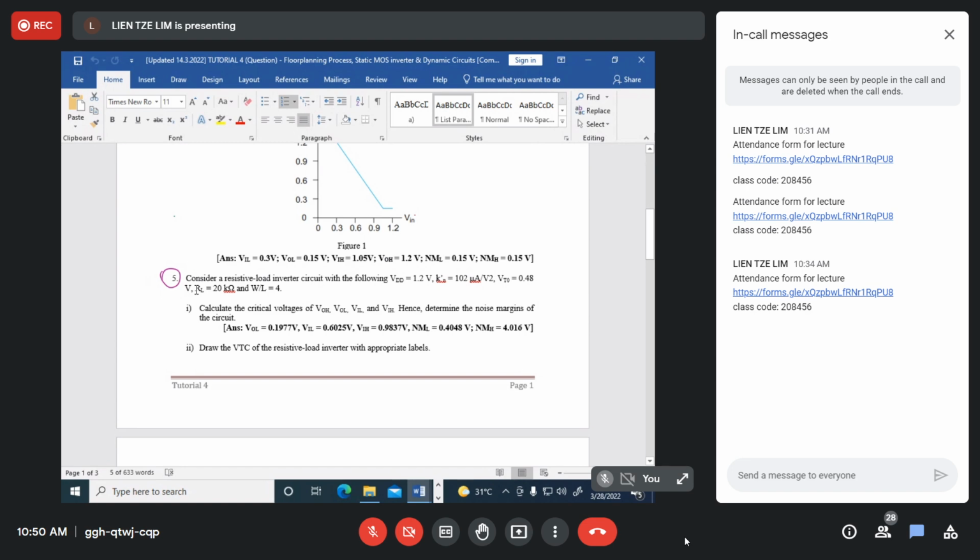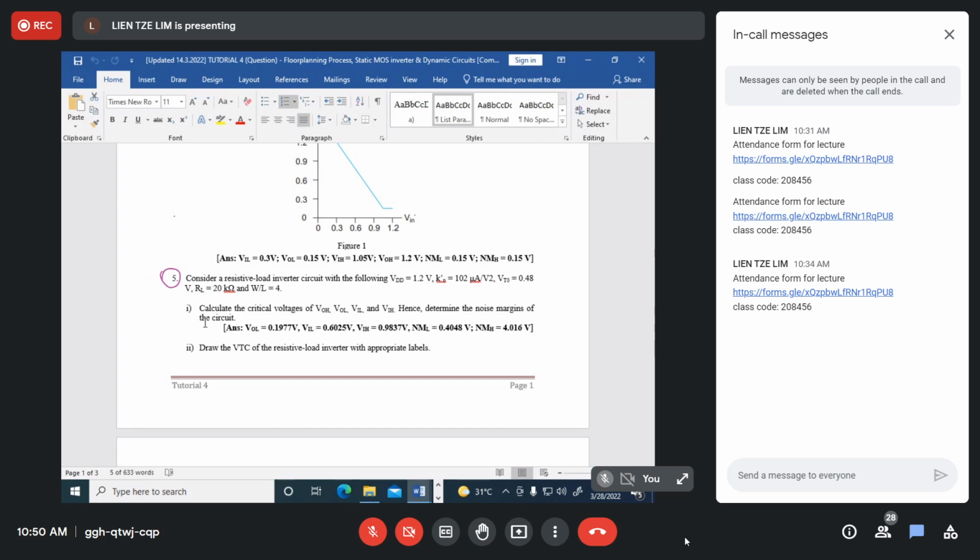Load resistance is 20 kilo ohm, and the width over length, the aspect ratio, is 4. Calculate the critical voltages VOH, VOL, VIL, and VIH. Hence, determine the noise margin of the circuit.